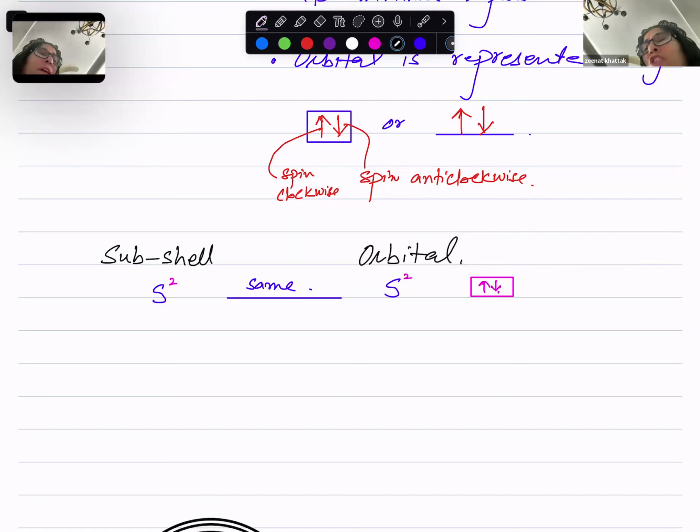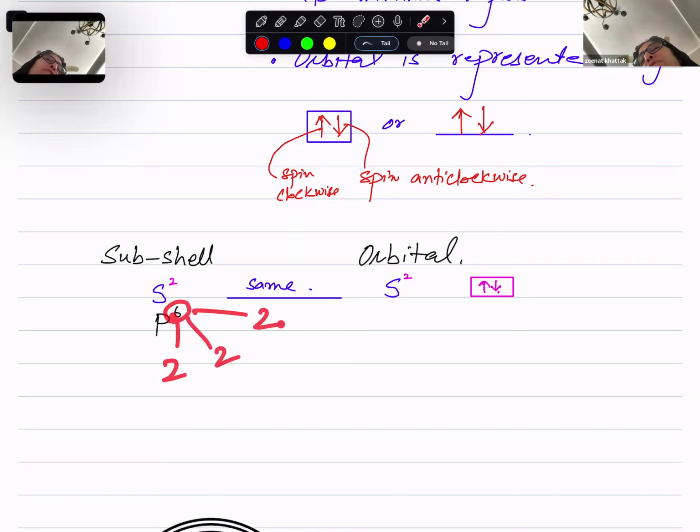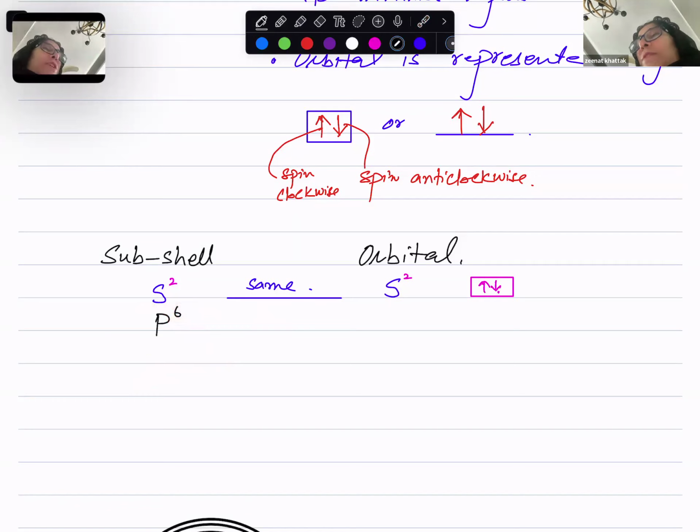Now, can you tell me how many orbitals should be in the p subshell? 3 orbitals. Why? Because there are 6 electrons, 2 and 2 and 2. So there are 3 orbitals inside p.